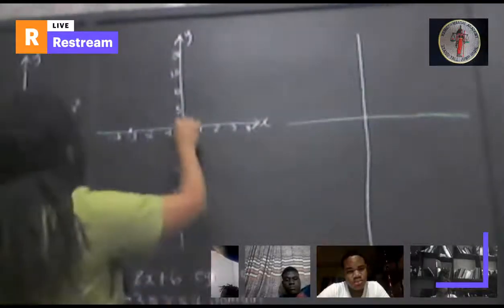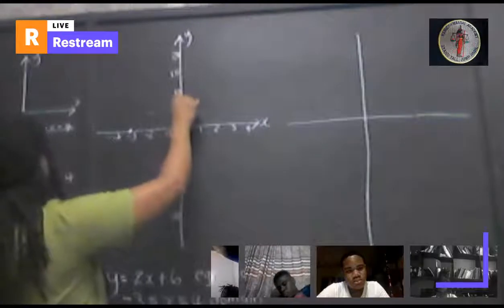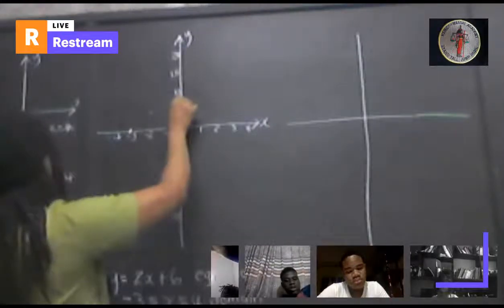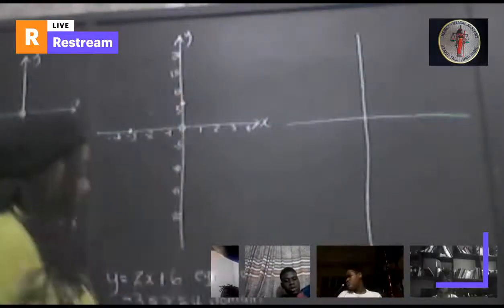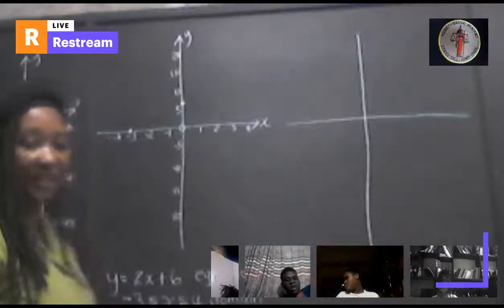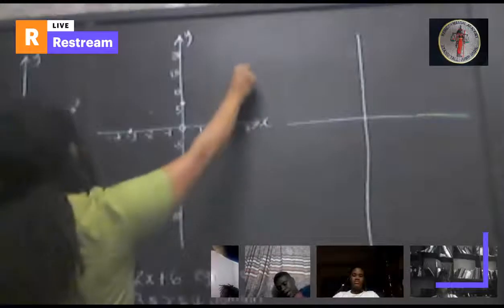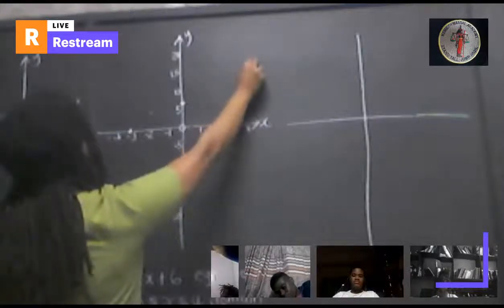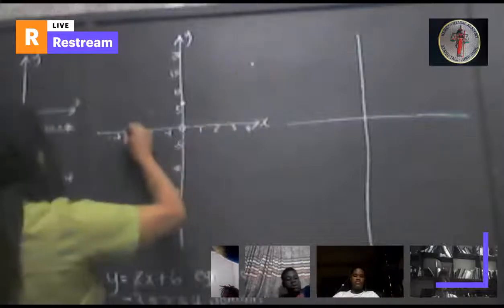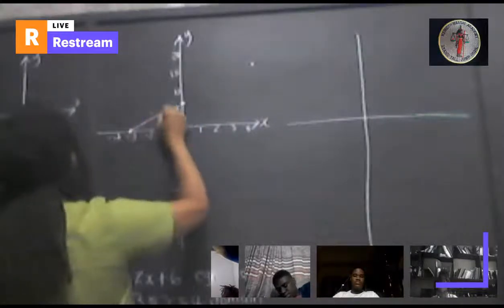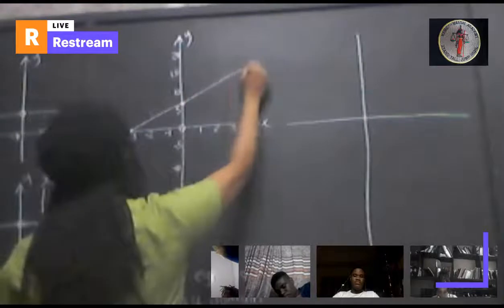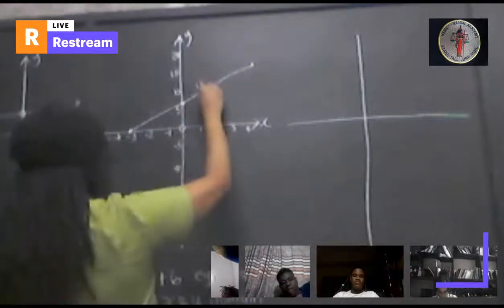So 0 on the x and up from there to 6 on the y. And 4, 14. So 4 on the x up to 14 on the y. And then we're going to connect our points and write the equation on that line.